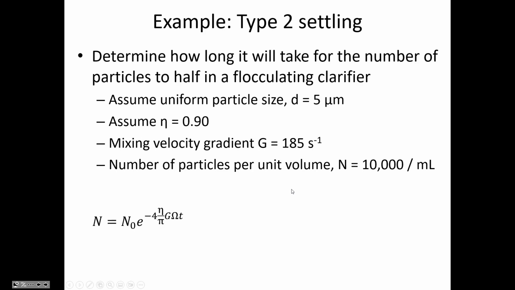Okay, so let's get some practice using these equations for the following case, where we assume that we have 5-micron particles that are going to be settling downward. So they're really small particles that will, as they settle downward, combine together and form larger particles through flocculant settling.